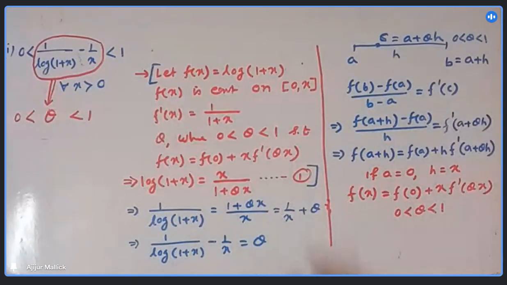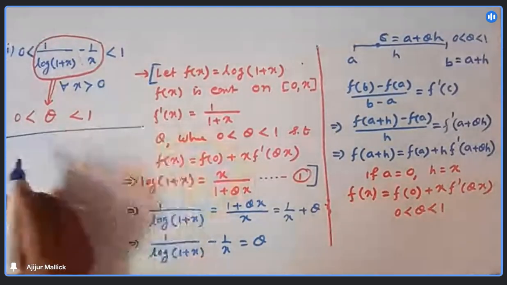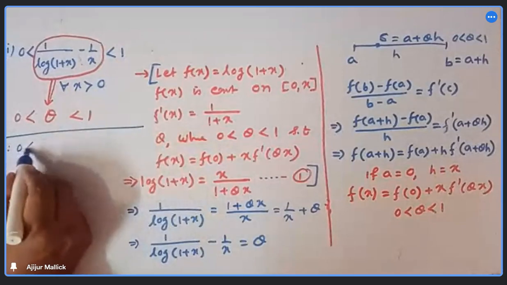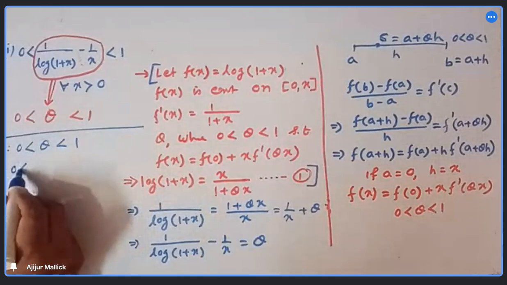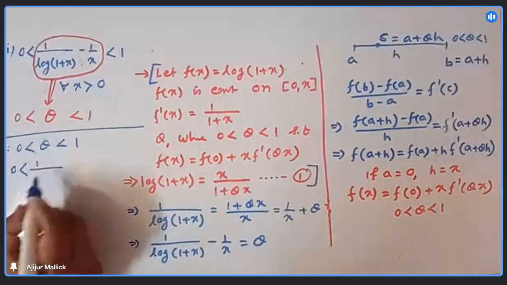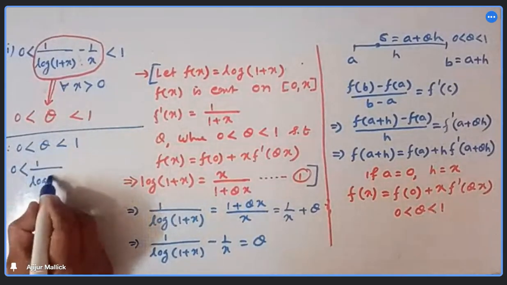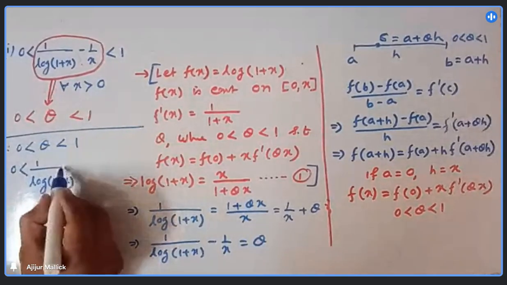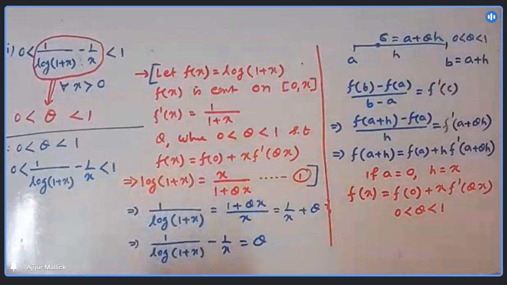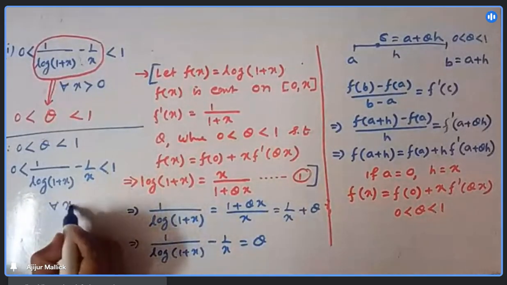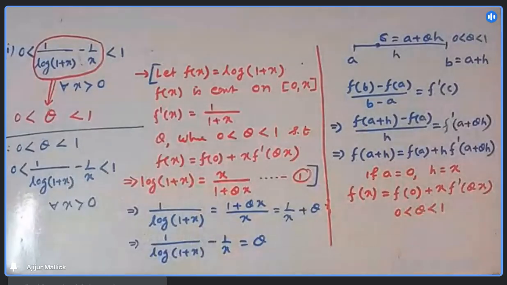And next write this: since 0 is less than theta less than 1, therefore 0 is less than 1 divided by log of (1 plus x) minus 1 by x, which is less than 1, for all x greater than 0.